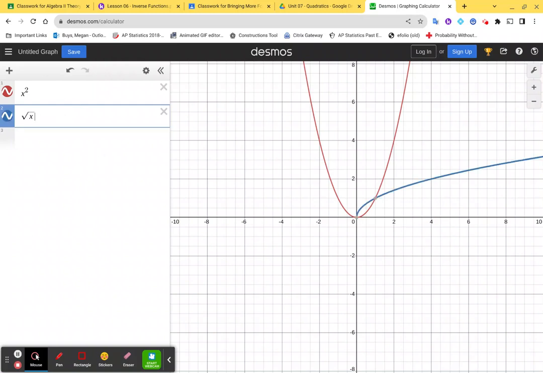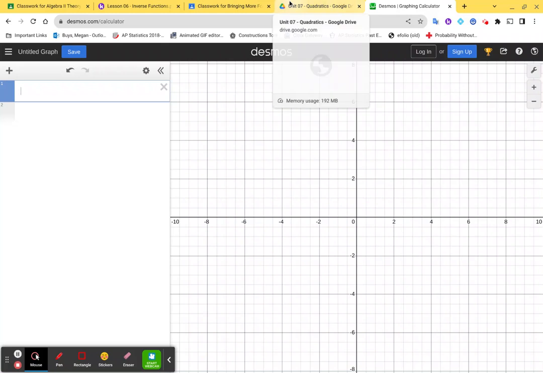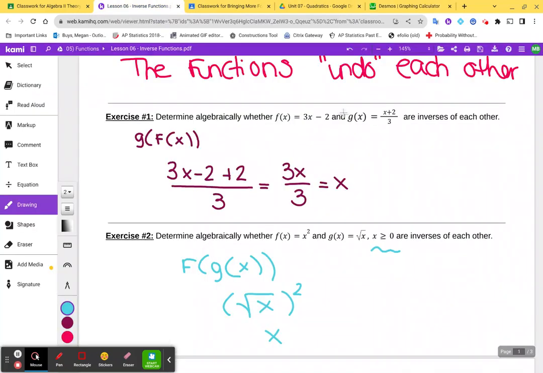Bear with me, I don't remember exactly how I get that part to show that situation, especially when it's there. But imagine this part's not here. Then I see something like this. Now, let's get rid of these 2. Let's go look at the one prior that we just proved. So if I go back to the one prior, it was 3x minus 2 and (x plus 2) over 3.